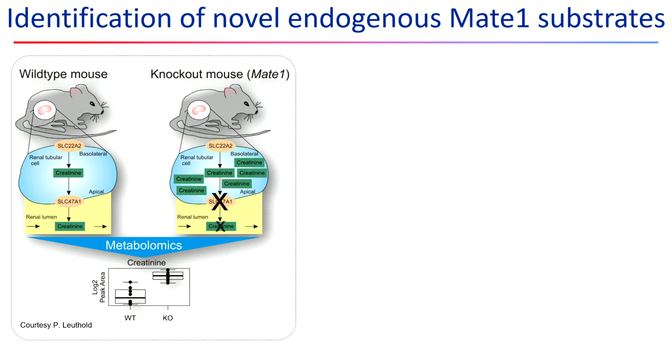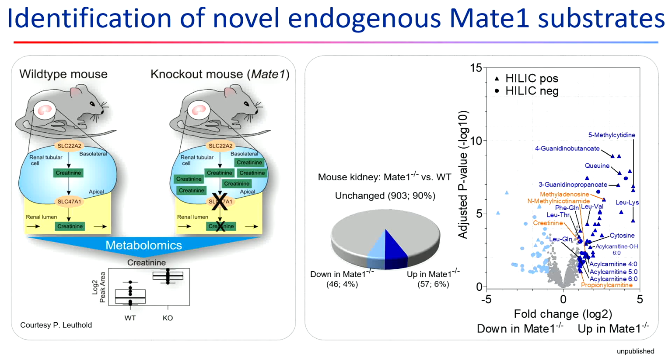So that was pretty exciting, and we for sure looked in an unbiased fashion at what is happening. You see here on the right side the volcano plot. So on the right side, that is what is up in the knockout, and we identified the creatinine, also methyladenosine and methylnicotinamide, and the propionyl carnitine, that were all compounds that had already been shown to be MATE1 substrates.